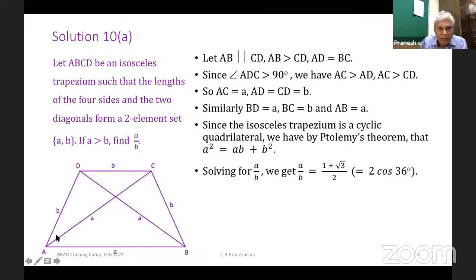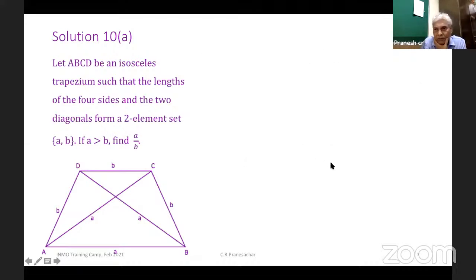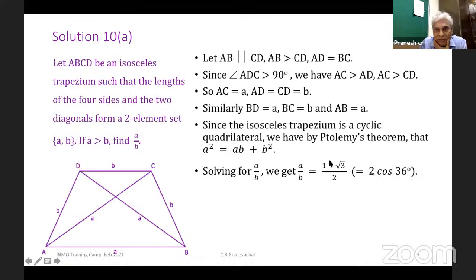So you see that this is a homogeneous equation in a by b. You can divide by b squared, bring everything to the left hand side, and it becomes a quadratic equation in a by b. And you get the root 1 plus root 5 by 2.